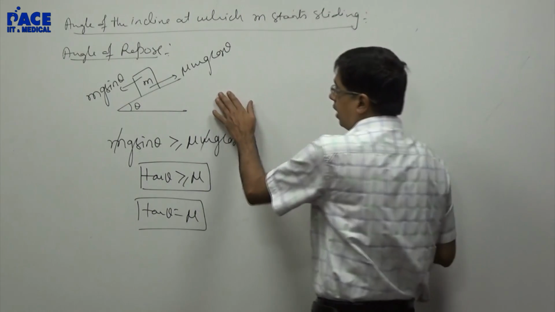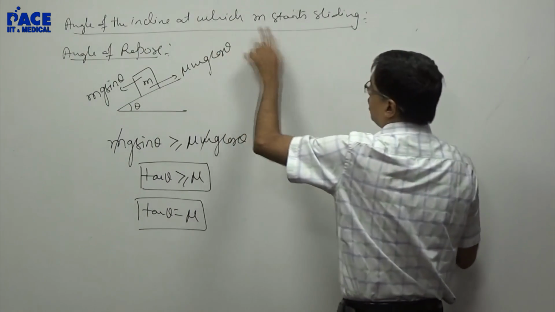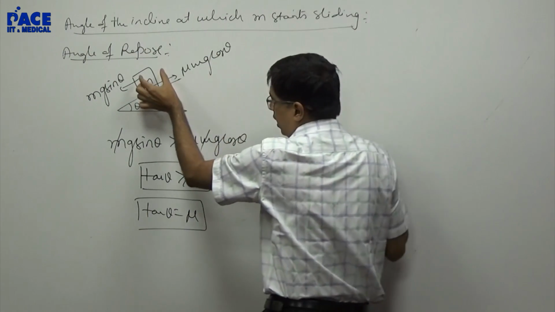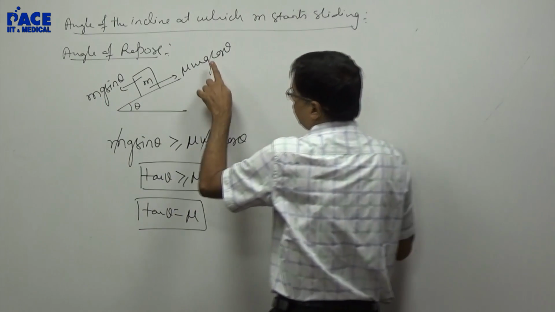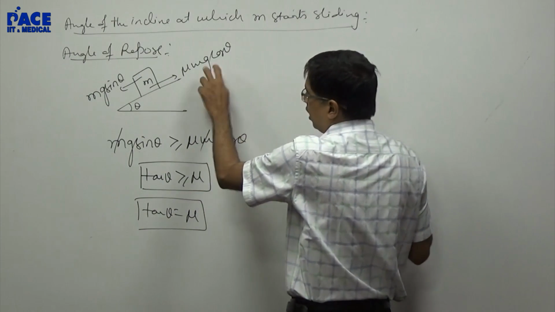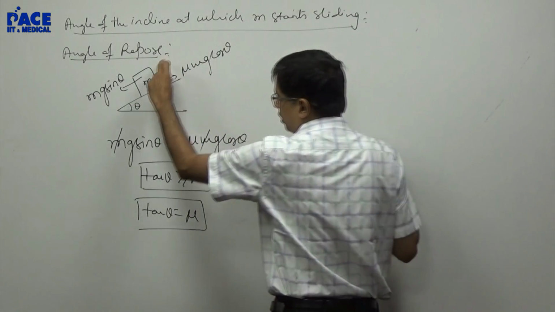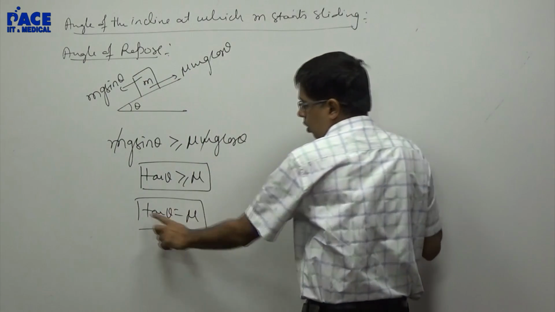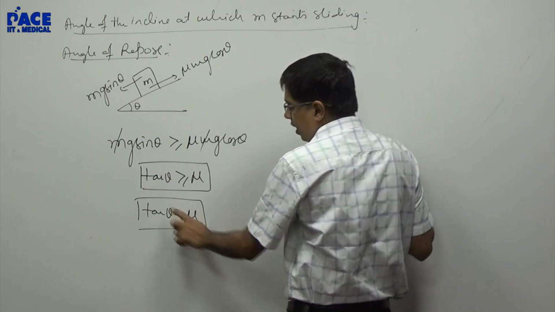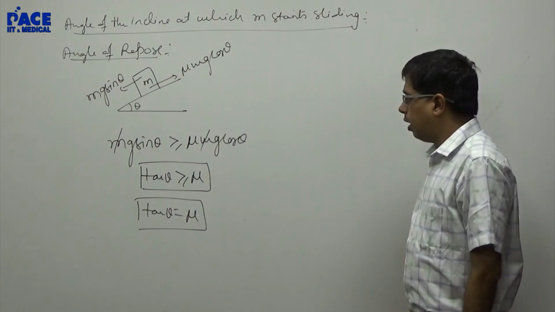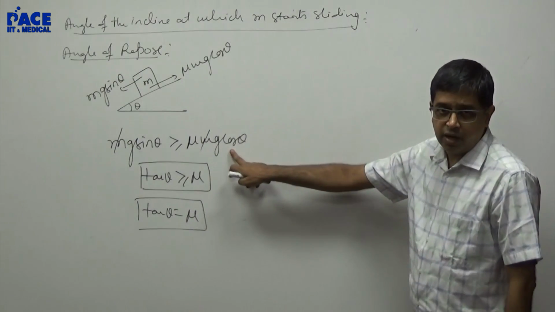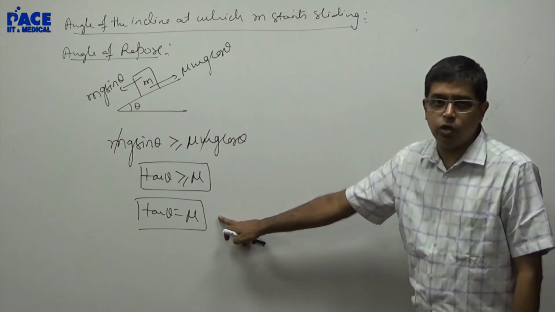Listen, here you have calculated the angle of the incline at which m just starts slipping down. That will be when mg sin theta is greater than or equal to the limiting friction. Then the body will start sliding down. So at what angle will it start sliding down? When mg sin theta is equal to mu mg cos theta, so tan theta should be equal to mu.